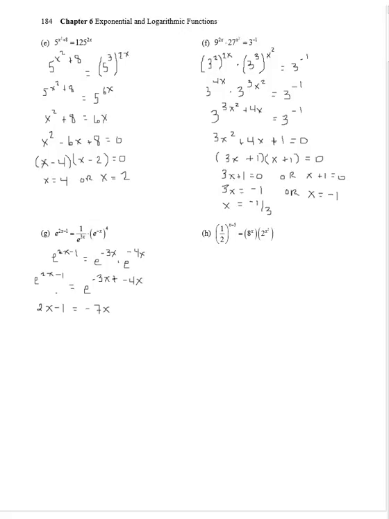Now we just solve like normal. So we have 9x = 1, so x = 1/9. Again, check to make sure that it works in the original equation. It does.